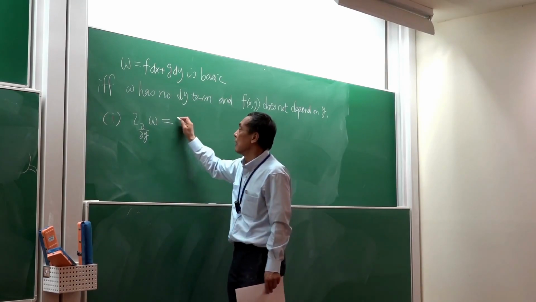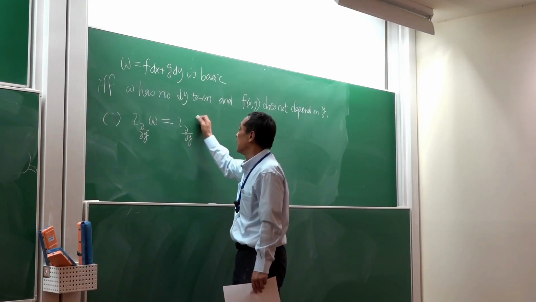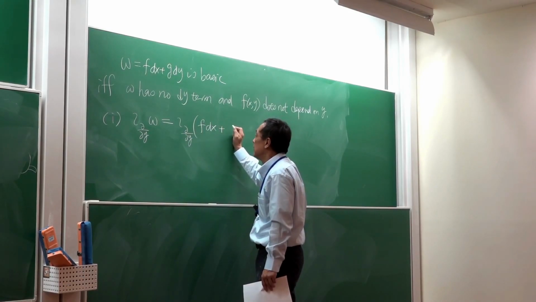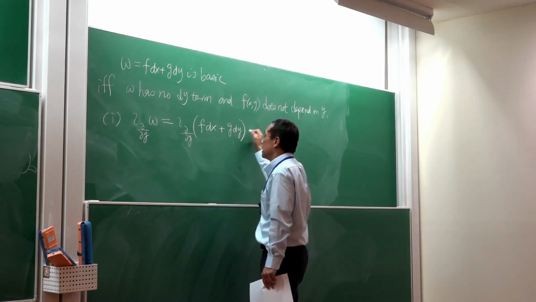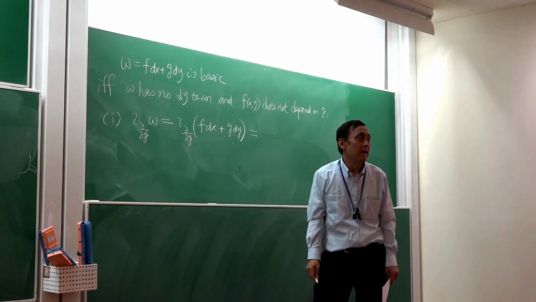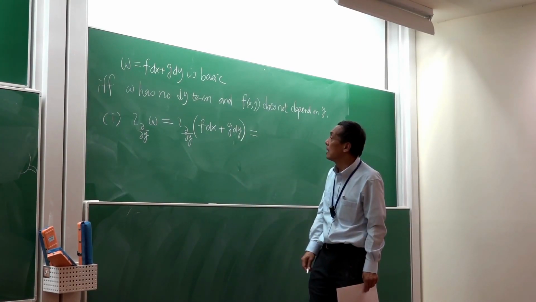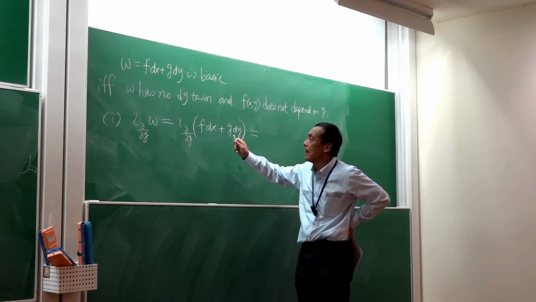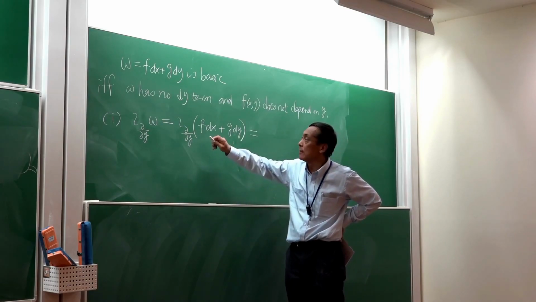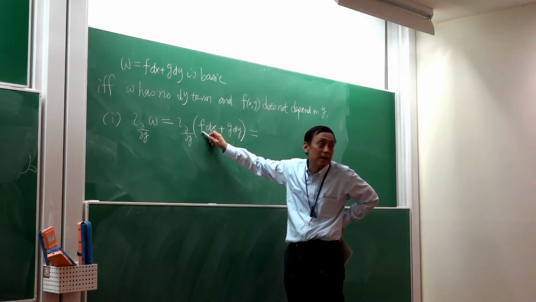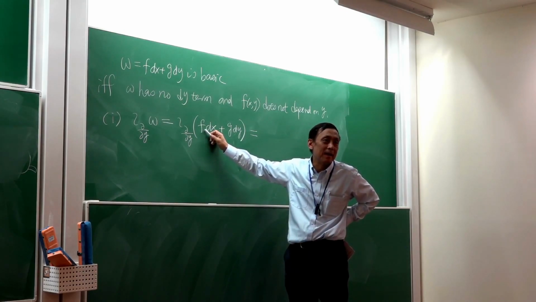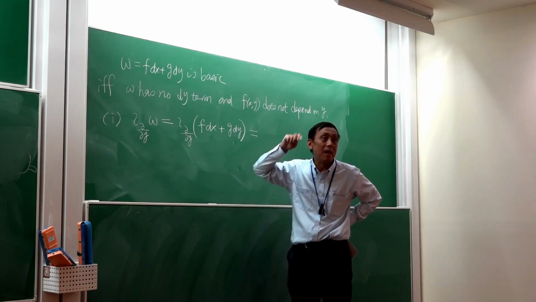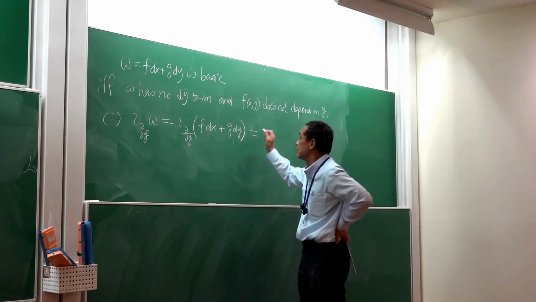So I_{d/dy} of (f dx plus g dy). Interior multiplication is f linear, so that f just comes out.